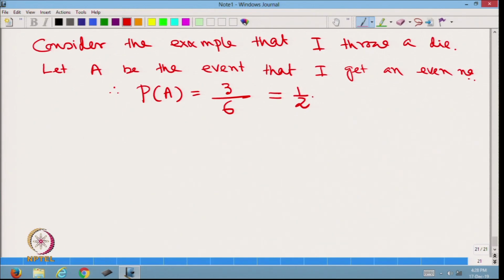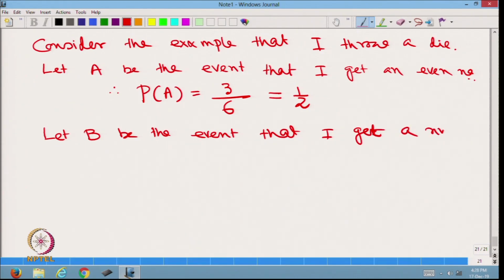Therefore, this is half. Let B be the event that I get a number less than equal to 3.